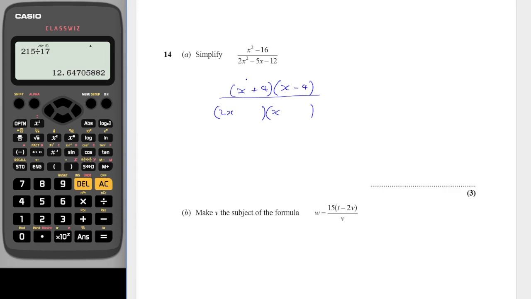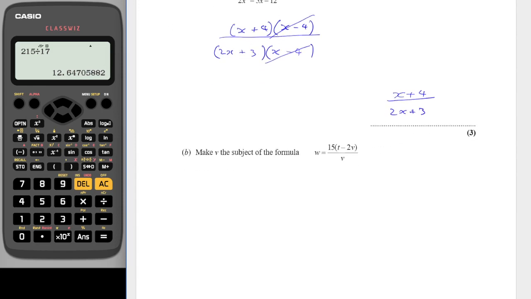It's going to be 4 and 3 in some combination. So if I do minus 8 plus 3, that would work. So I need minus 4 there and plus 3 there. So those brackets would cancel, leaving me with just x plus 4 over 2x plus 3.